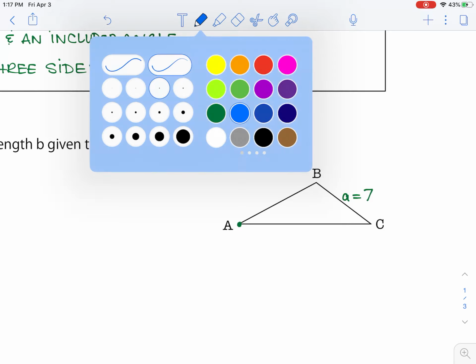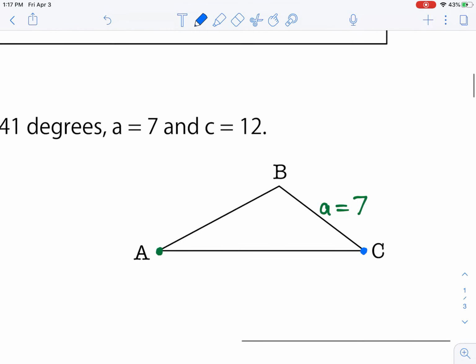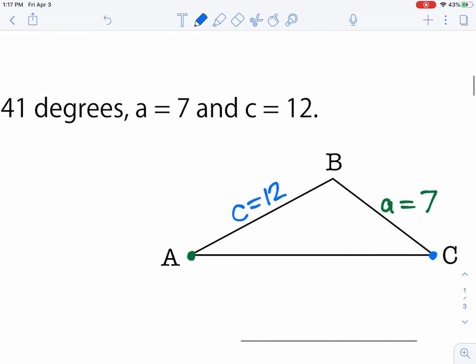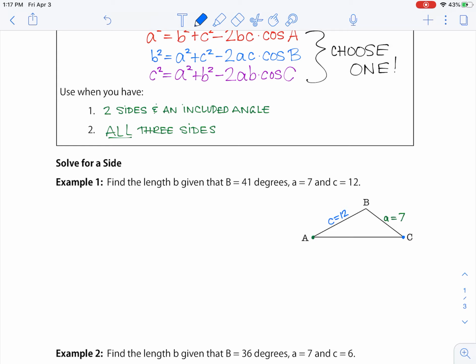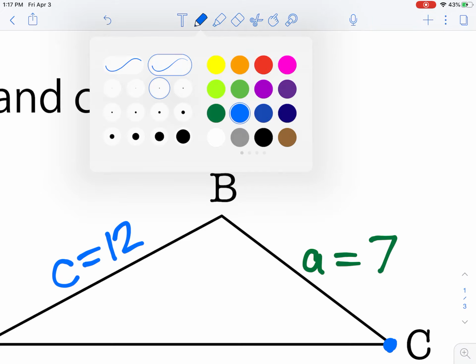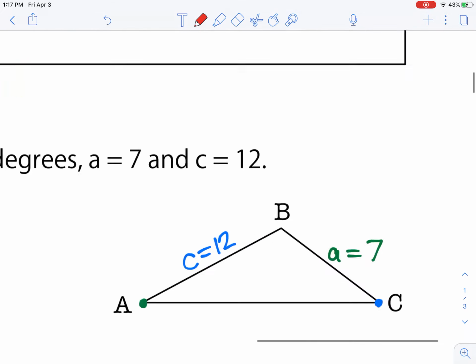We also know that side c, which sits opposite that vertex, is 12. So there are the side lengths, and they're labeled. We also know that angle B is 41.